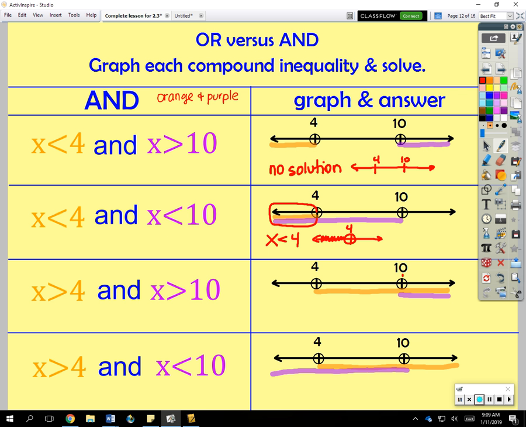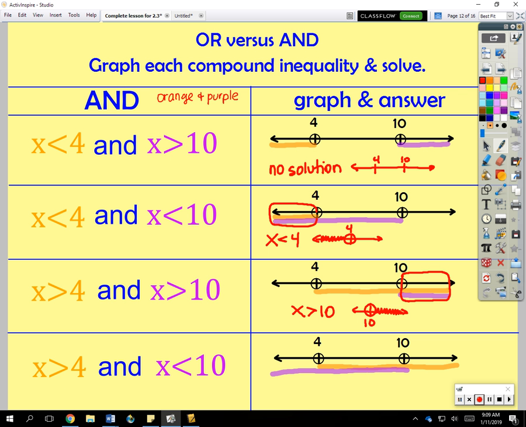On this one, I see orange and purple are both shaded in this area. Well, that area is x is greater than 10. Or you might see it shaded if they give you the picture version of the answer instead of the inequality version of the answer on your multiple choices. Then they might just show you that picture.